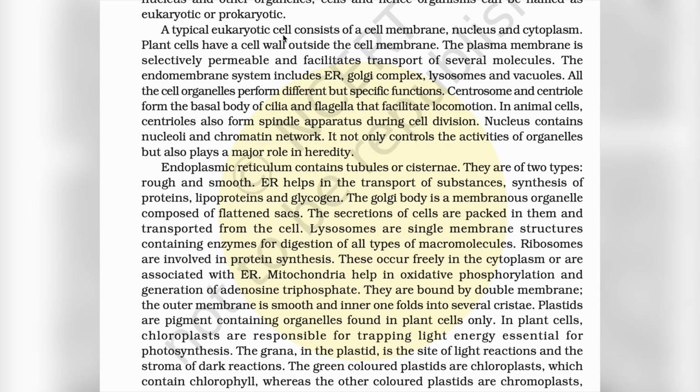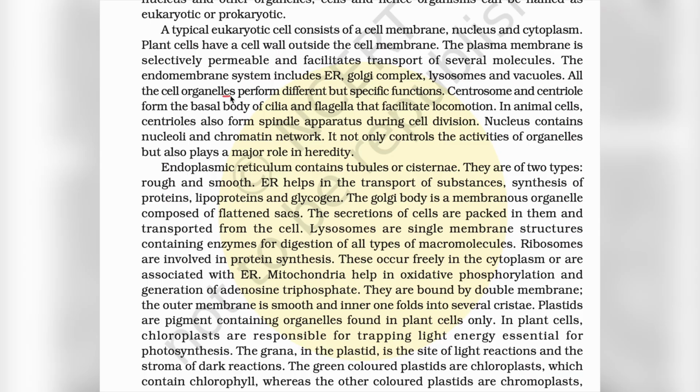A typical eukaryotic cell consists of a cell membrane, nucleus and cytoplasm. Plant cells have a cell wall outside the cell membrane. The plasma membrane is selectively permeable and facilitates transport of several molecules. The endomembrane system includes Golgi complex, lysosomes and vacuoles.